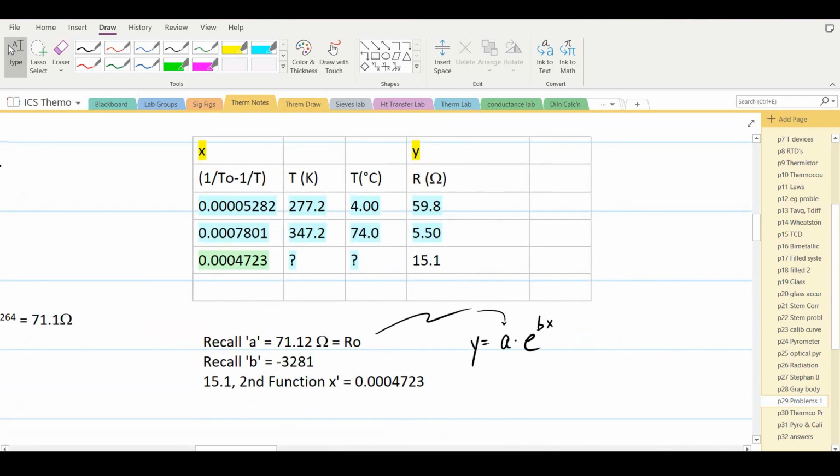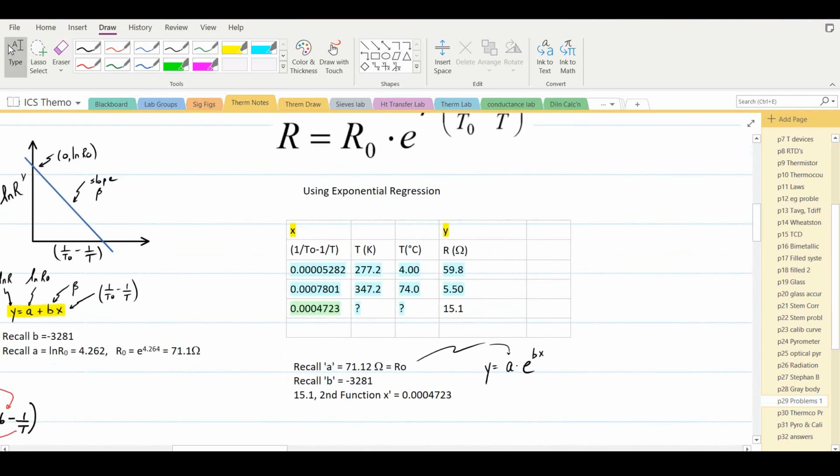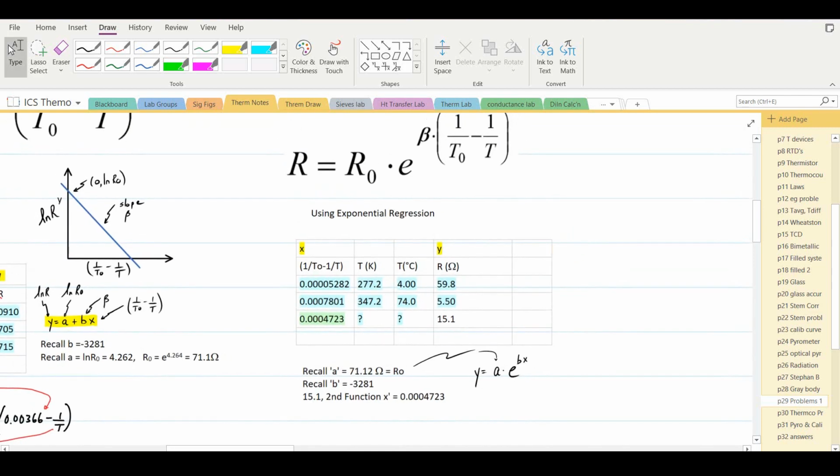This exponential equation will have the general form y equals a times e to the bx. So when you recall a, it'll tell you that it's 71.12, which is in fact the resistance R sub 0, 71.12. And recall the b value, 3281 with a negative sign, that's the temperature coefficient beta. So you get those directly from the regression coefficients.